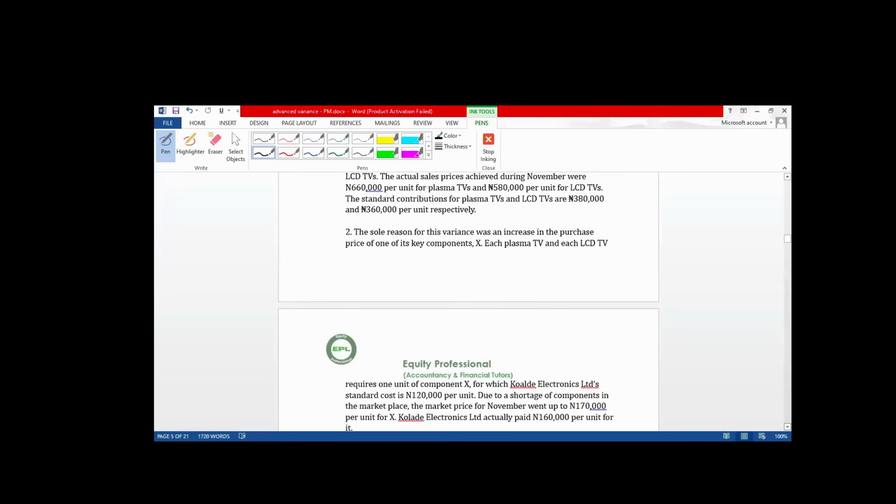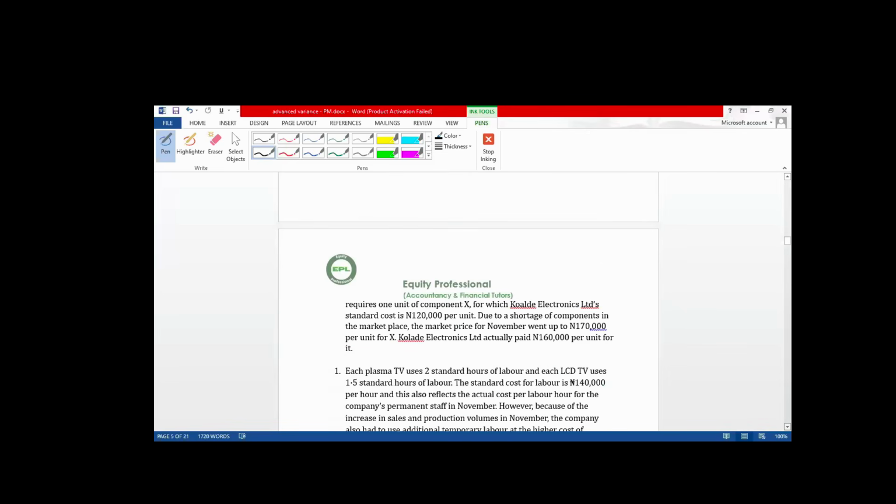However, because of shortage of this component in the market, the market price for November has gone up to 170. We didn't know that the price had gone to 170 for component X. Colade Electronics Limited actually paid 160 per unit for these components. All right.